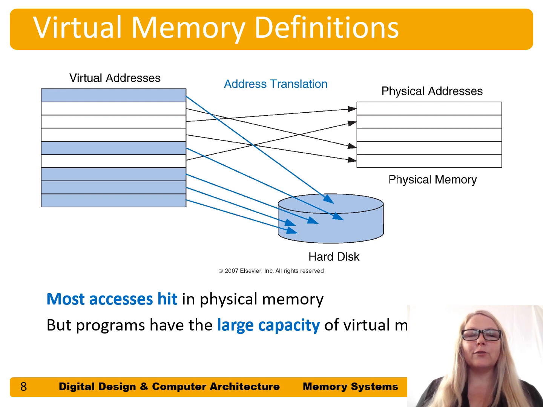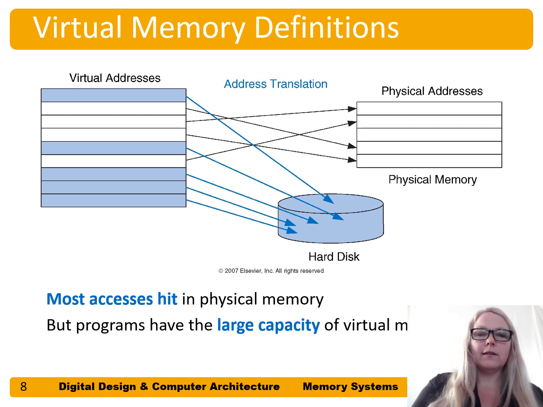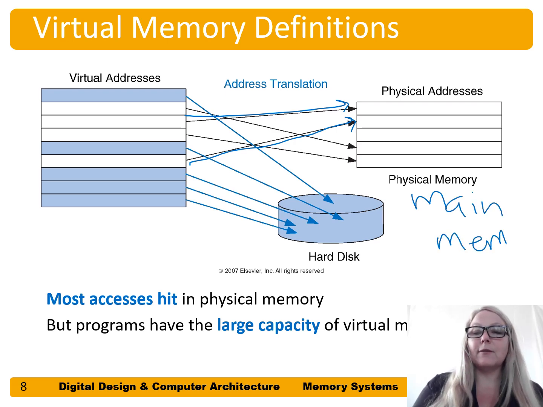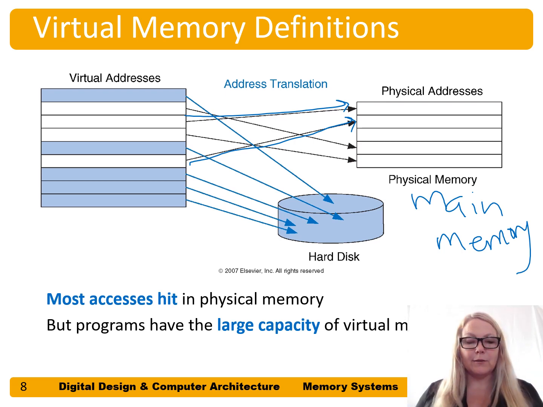So here's a picture of what this might look like. We have virtual addresses on the left, and some of them, the pages in blue, are just on the hard drive or the hard disk. But some of those pages are in physical memory, also called main memory, and we can access them from the processor, and particularly to pull into the cache.